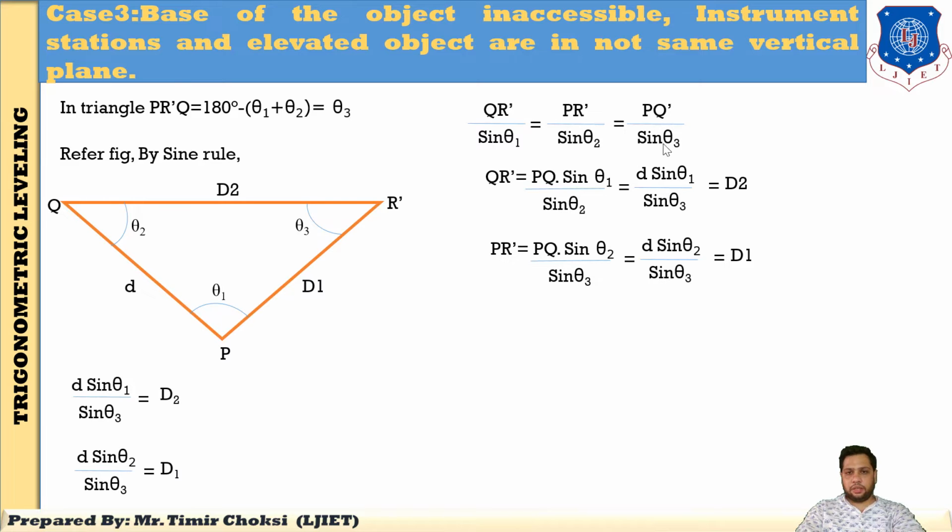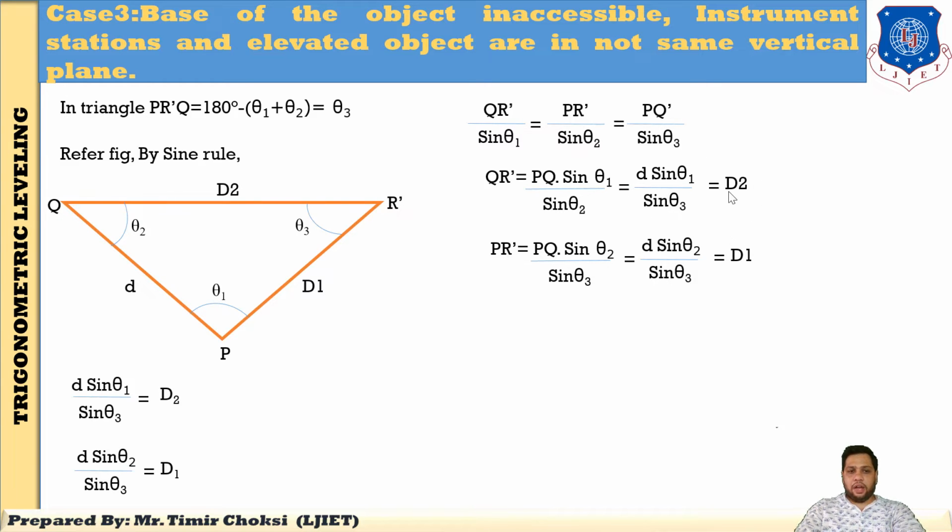So using the sine rule, you make QR dash the subject. Why? Because QR dash equals D2. So simply by the formula you get the answers for D1 and D2. It is easy. So you find the values of D2 as well as D1 from the sine rule.